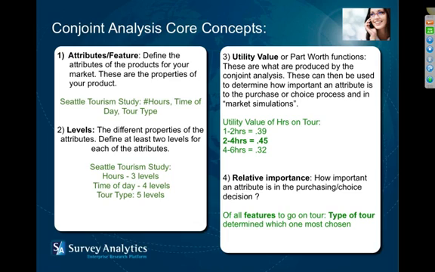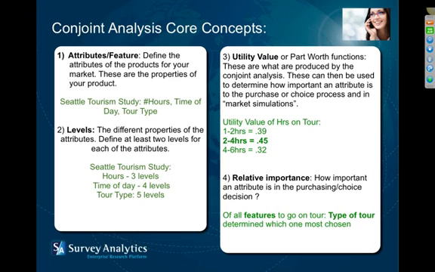The fourth concept is relative importance. How important is an attribute in the purchasing or choice decision? So those are the major features that you're going to look at. So if I were to look at hours, time of day, tour type, which particular attribute or feature is the most important determinant when they choose one tour package over another?